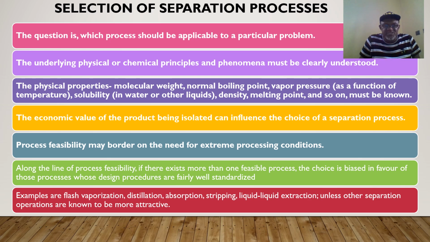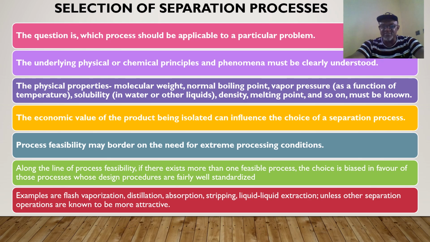Again, process feasibility may border on the need for extreme processing conditions. Where you have extreme processing conditions, it's going to be very expensive. So you look at those processing conditions that do not require extreme conditions. Along the line of process feasibility, if there exists more than one physical process, the choice is based in favor of those processes whose design procedures are fairly well standardized.